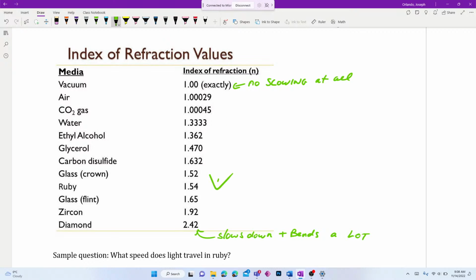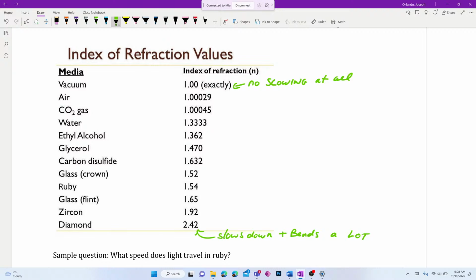And everything here is somewhere in the middle. So you can see air slows down light, bends light. Carbon dioxide gas does more. Water, substantially more. Alcohol, more than water. Glycerol, more than alcohol. Carbon disulfide, more. And you get down to crown glass, flint glass, ruby, zircon, diamond, all these things. Every material that's transparent has an index of refraction. It slows light down some amount.